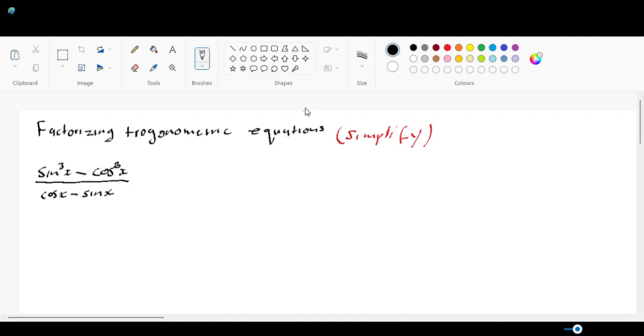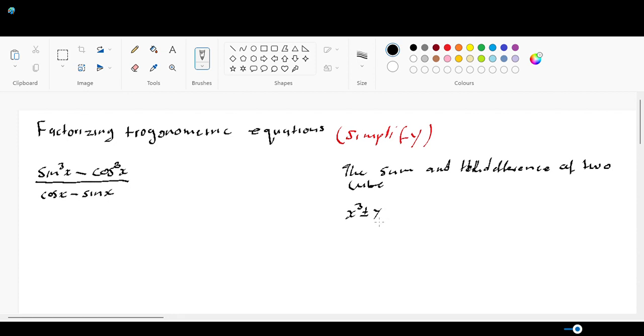There is what you call the sum and the difference of two cubes. There is this method whereby we actually solve maybe x cubed plus or minus y cubed.